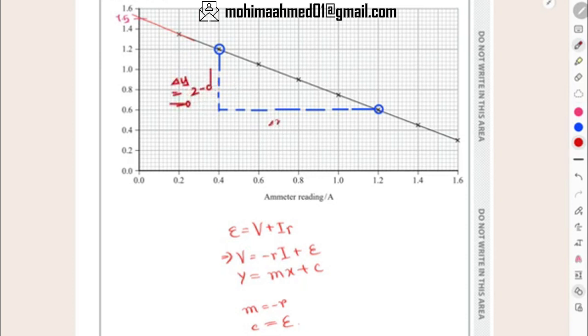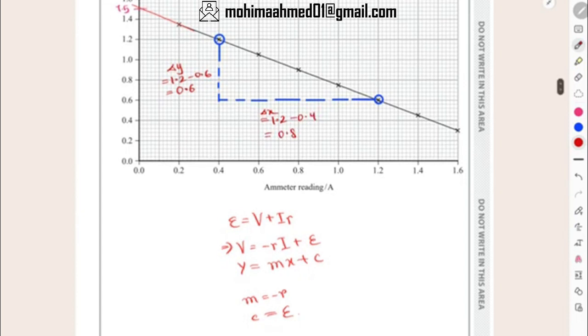And change in x, wait, sorry. The change in y is 1.2 minus 0.6, which is 0.6, and change in x will be 1.2 and 0.4. You have to subtract 0.4 from 1.2, which is basically 0.8, right? So you can find out the gradient by dividing 0.6 over 0.8.